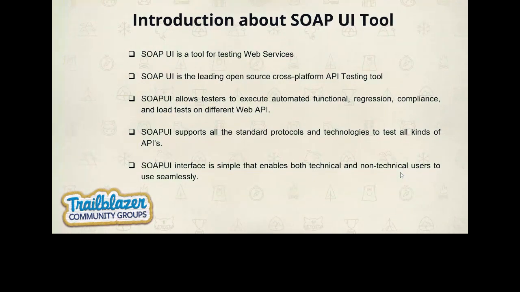So there are so many functionalities under the SOAP UI. You can work accordingly. Most testers work with the help of this tool, and most people know about Postman, because Postman is a very famous tool nowadays, and also Swagger. You can check whether the APIs are working or not, so it's an API testing tool, right? And also SOAP UI supports all the standard protocols, that is HTTP protocol, right?